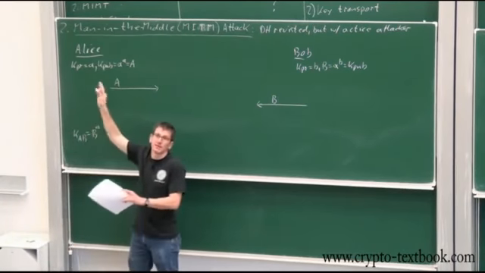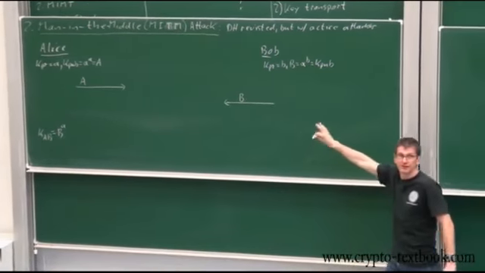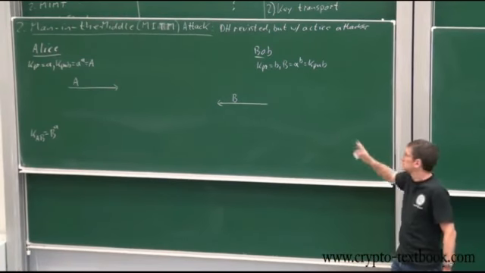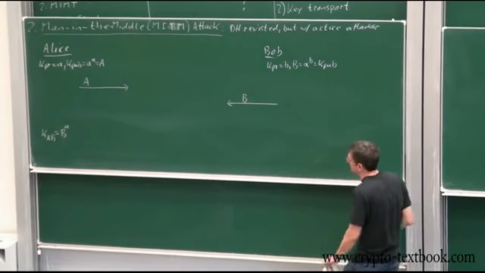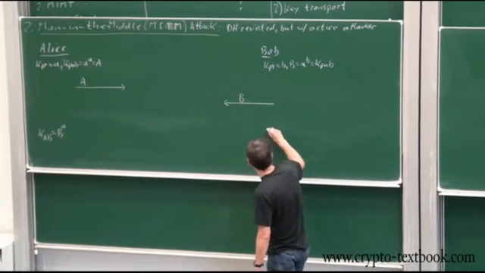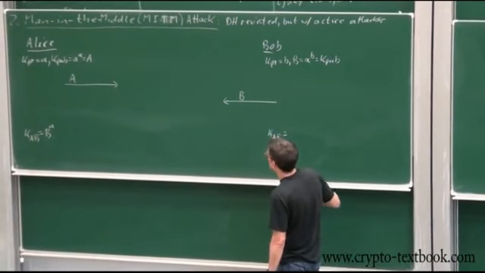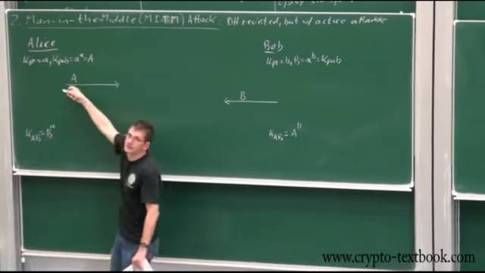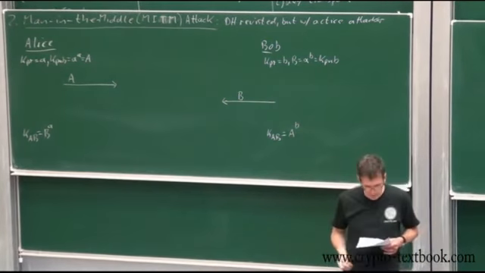And by the way, I'm not using this mod P today because there will be enough information on the blackboard already, so I don't want to confuse you more. Of course, everything should be taken mod P, and P is a large prime. And Bob does the same. Bob also computes the session key by taking Alice's key and raising it to his private key power. So only Bob can do that.